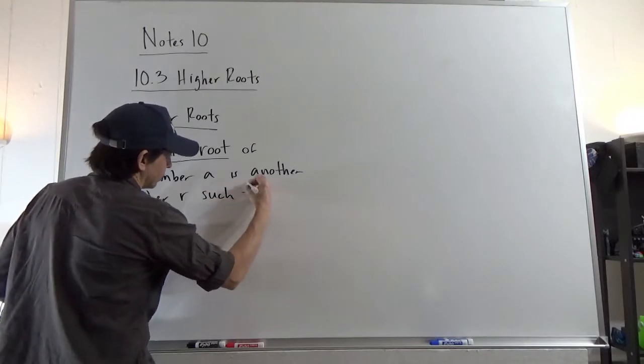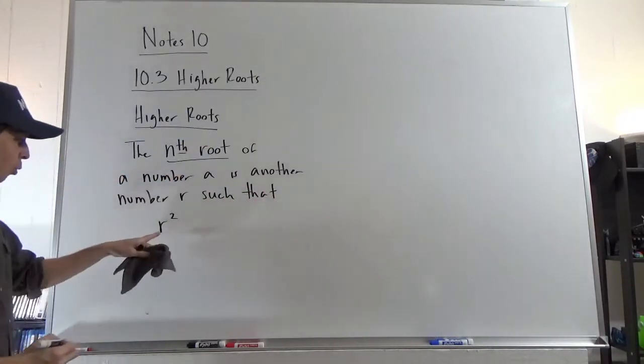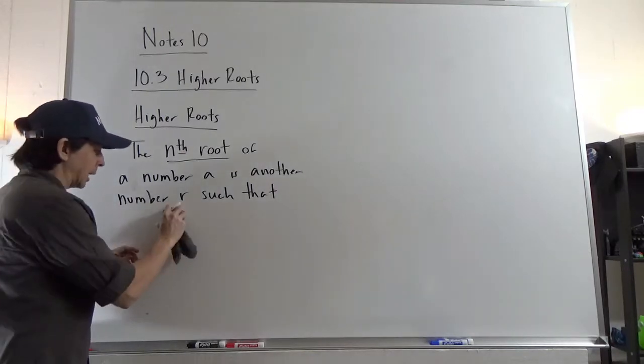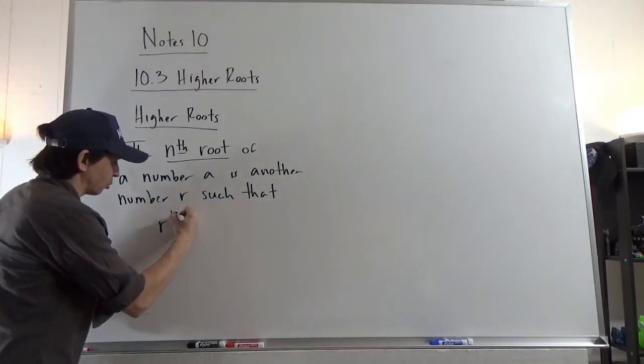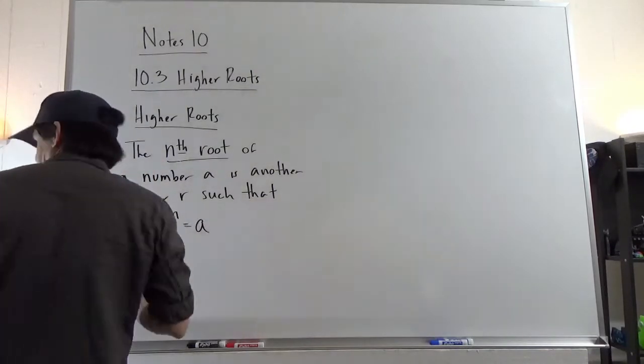Such that, our definition for square root was we were looking for a number that when you square it you get back the number, but here we raise it to the nth power for the nth root, and we get back a.